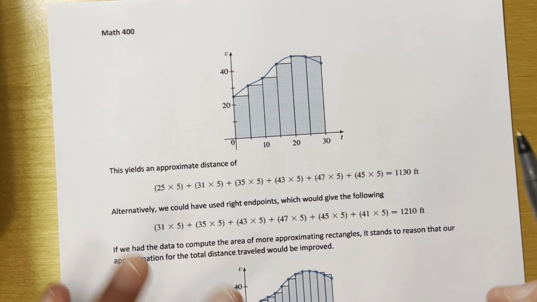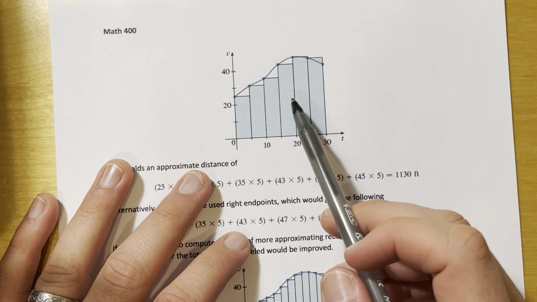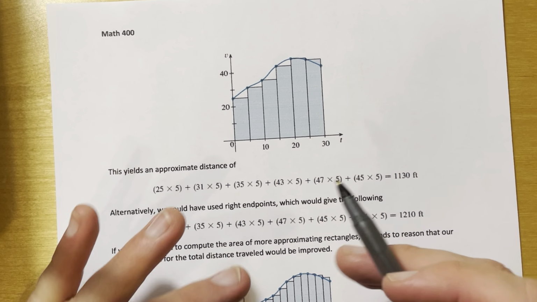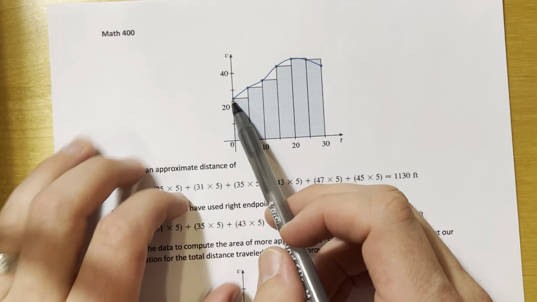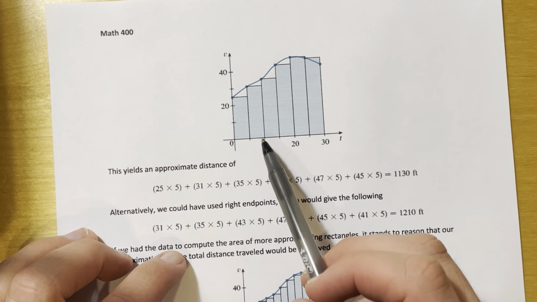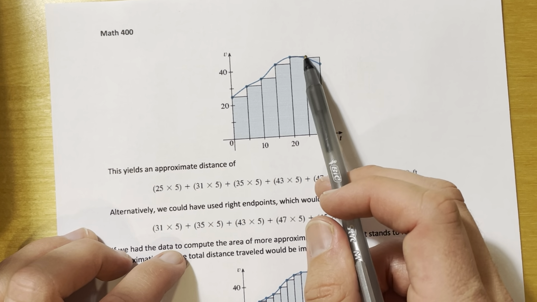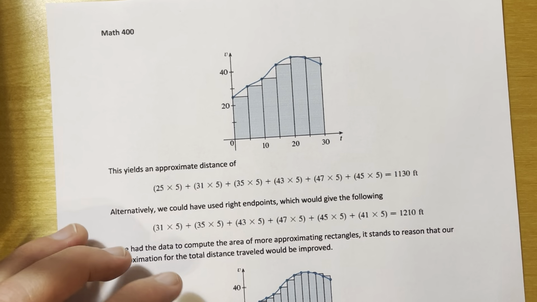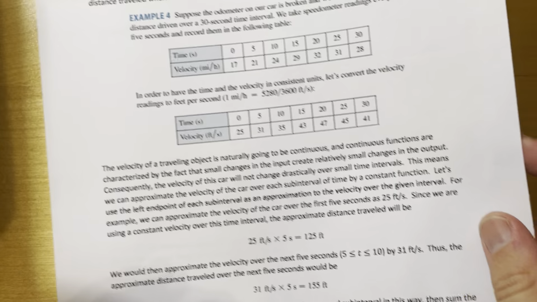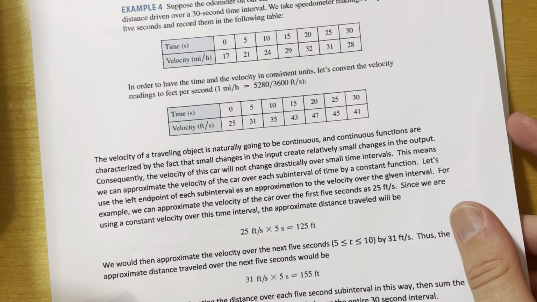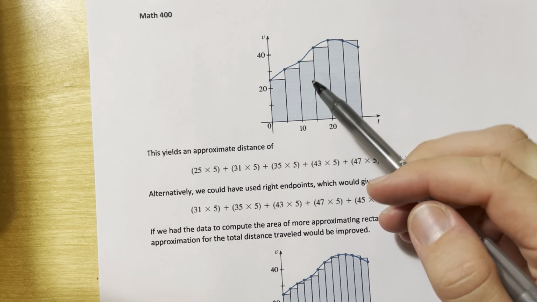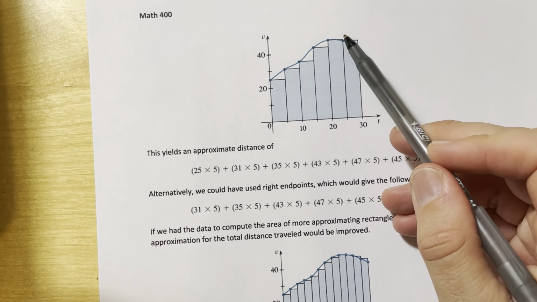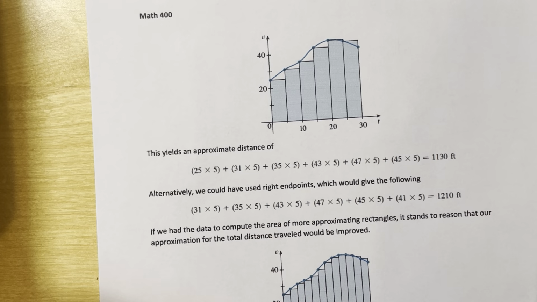What that's doing is actually creating a rectangular approximation, and here's the reason why. This function right here, the blue curve, is what we're guessing our velocity function looks like. We only have a table of values here, so I can't say exactly what the curve looks like, but I could at least plot the points corresponding to the readings that we do have.